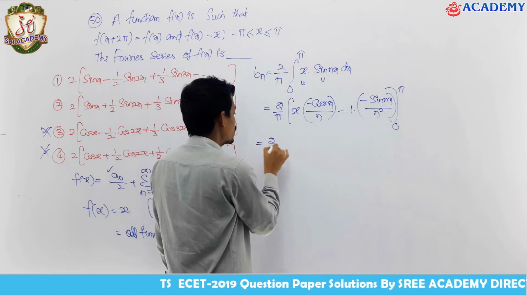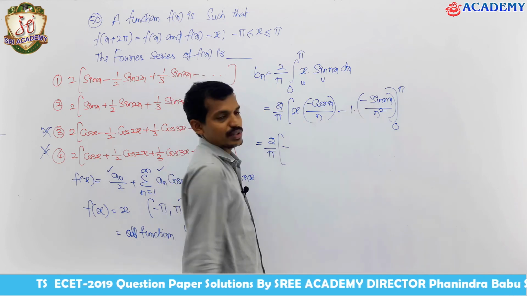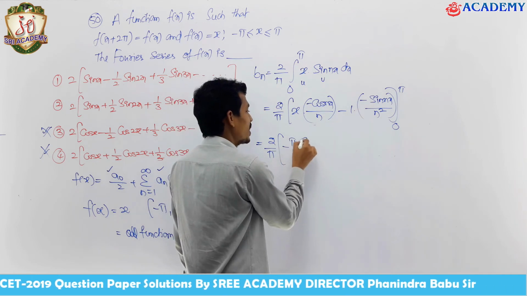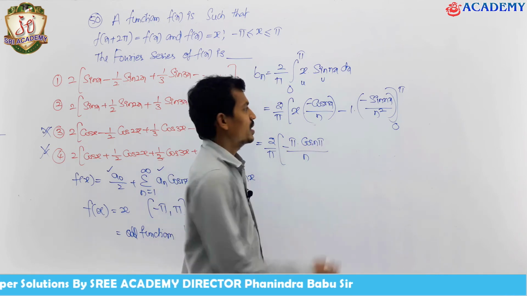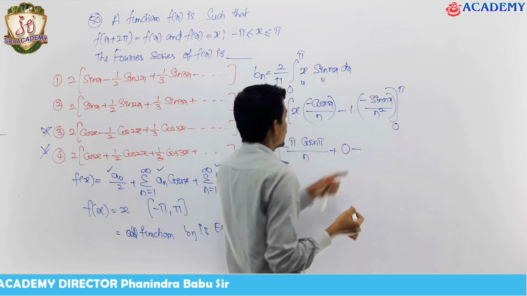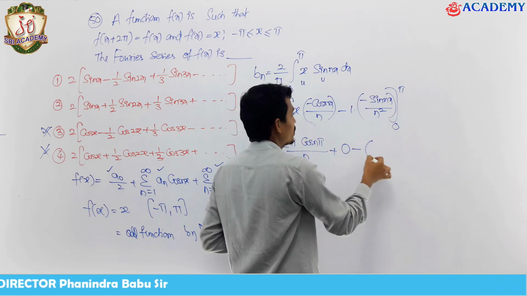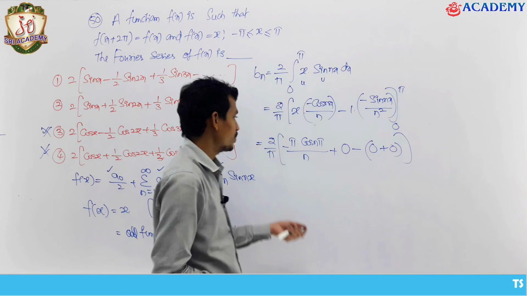Now that is 2 by pi, that is minus, if you substitute upper limit, that is pi into cos n pi divided by n, minus into minus plus sin n pi is going to be 0, minus, if you substitute 0, that is 0 into something is 0, sin 0 also 0. You are going to get minus into minus plus, but it is 0, no problem, right?